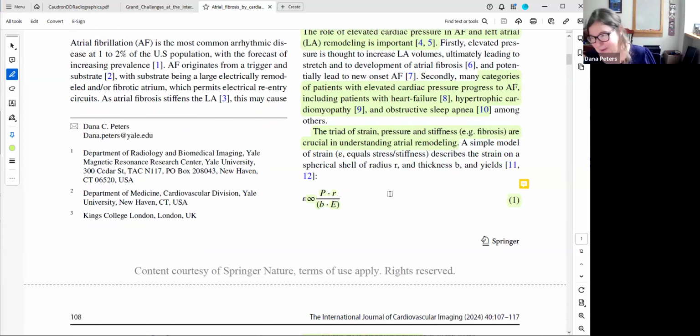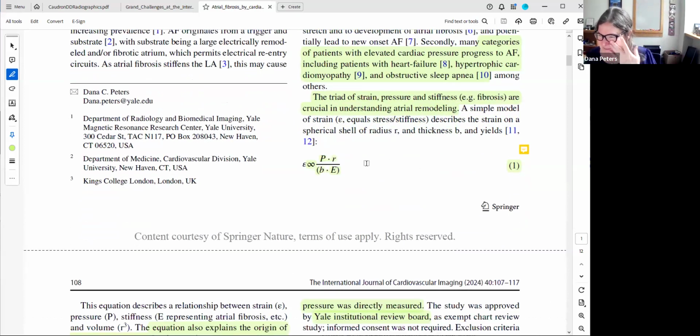And this is a very simple model that we use.